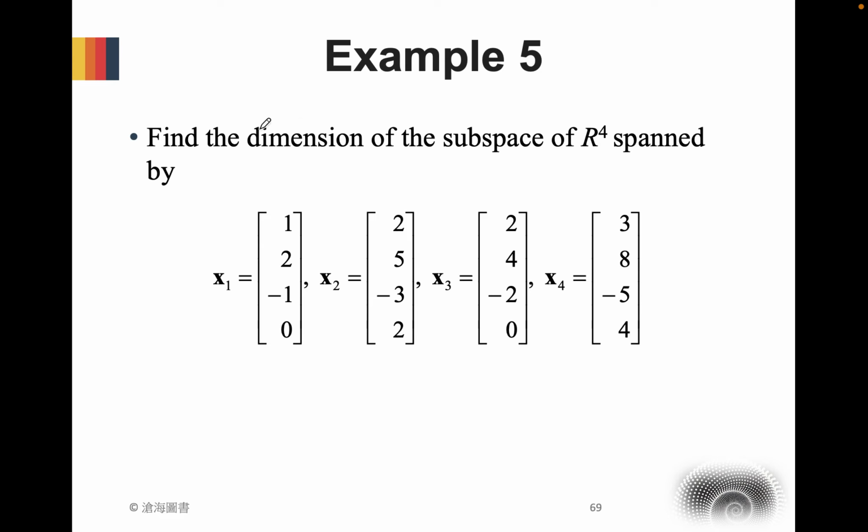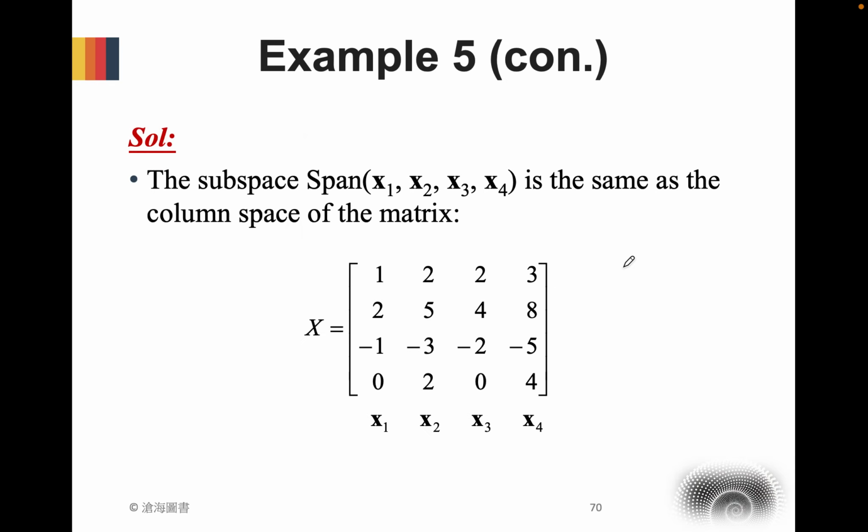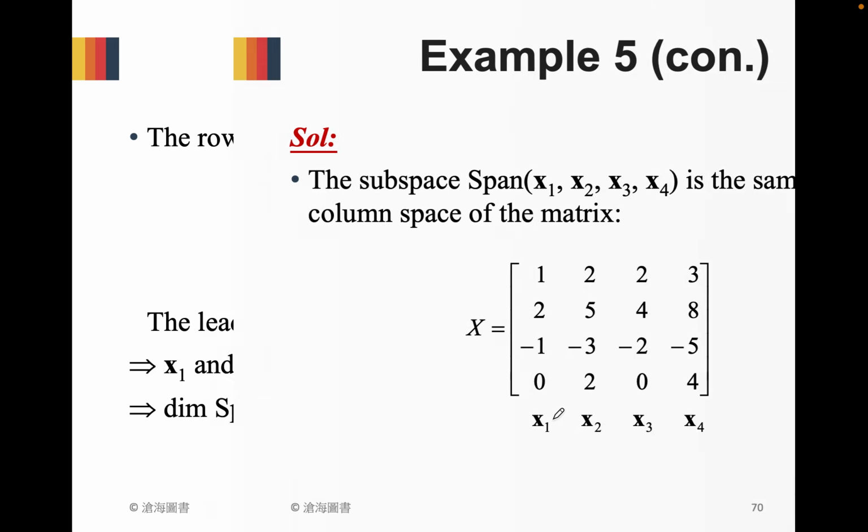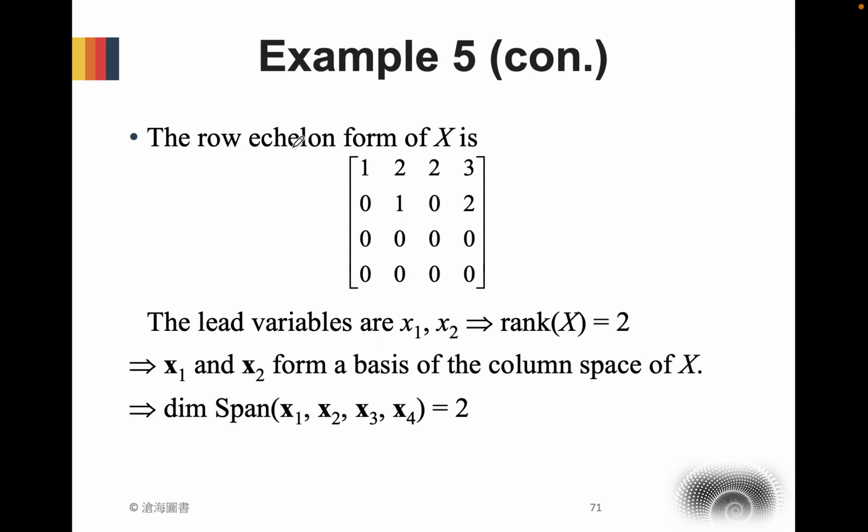For the last example, find the dimension of the subspace of R4 spanned by these four vectors. We can just combine them as a matrix, S1, S2, S3, S4, and then do row operations to reduce X into this.